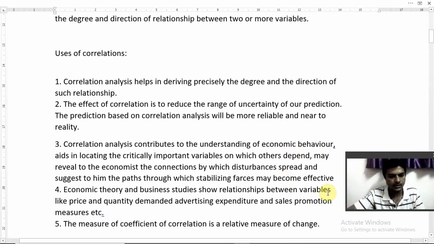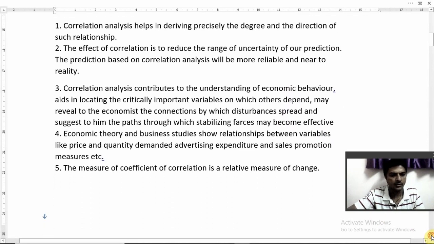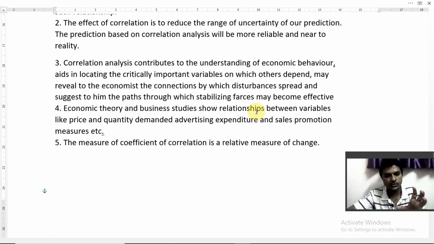So like this you can see there are so many correlation analyses. Economic theory and business studies show the relationship between variables like price and quantity demanded, advertising expenditure and sales promotion, etc. The coefficient of correlation is a relative measure of change.